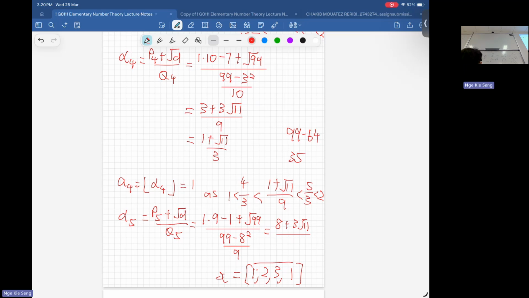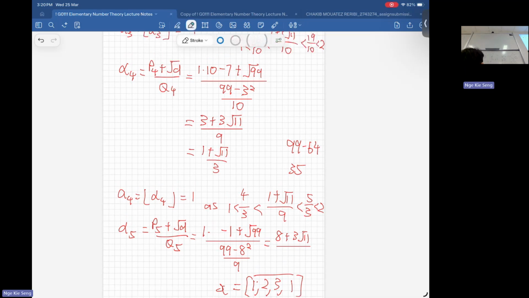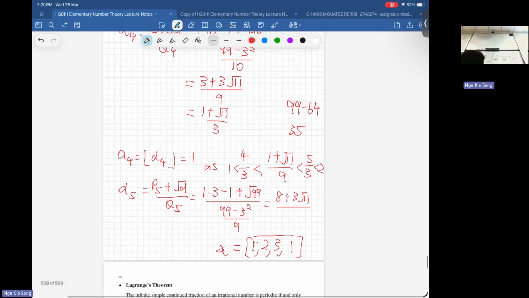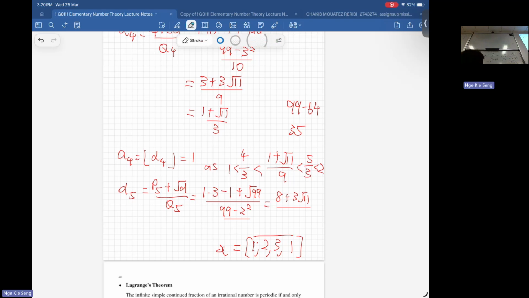So now it's 99. So here is 3, right? And then here is 3 squared. Is it? Wait, let me check. What's the formula? So here is 2 squared, divided by 3. Let's check this. Here is 4.